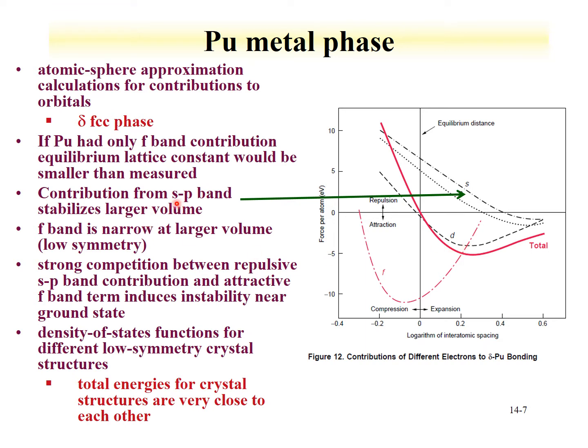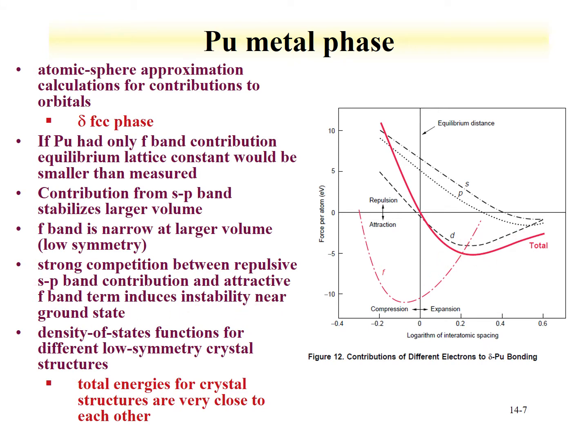The contribution from the s and p bands, which are shown here, stabilizes larger volumes, and the f band is narrow at larger volumes. So if we look over here, we see that it gets narrower. And there's strong competition between repulsive s and p band contributions and attractive f band contributions, and this causes some instability near the ground state.